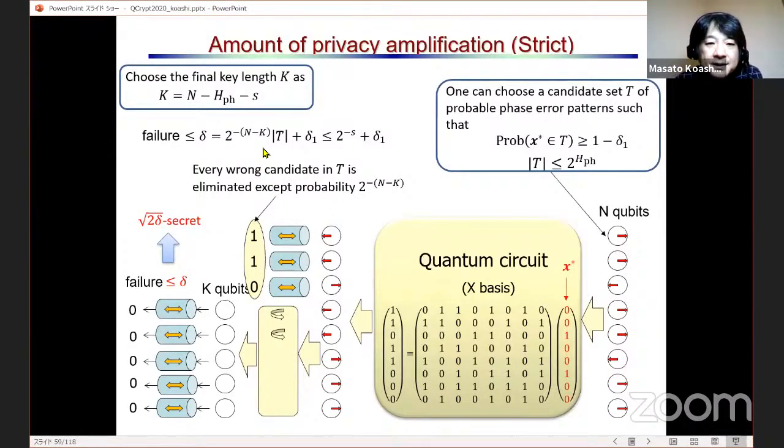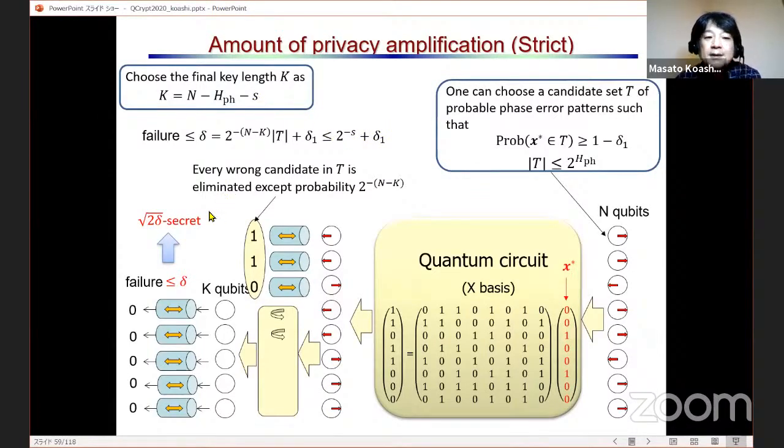That probability is the probability of survival times the number of wrong candidates. Actually, it's this number minus 1. Okay. So the entire failure probability is bounded by this number, and substituting these numbers, we obtain this. So you end up with a formula that the final key is epsilon secret with epsilon being this number. So this can be made small, and this always can be small.